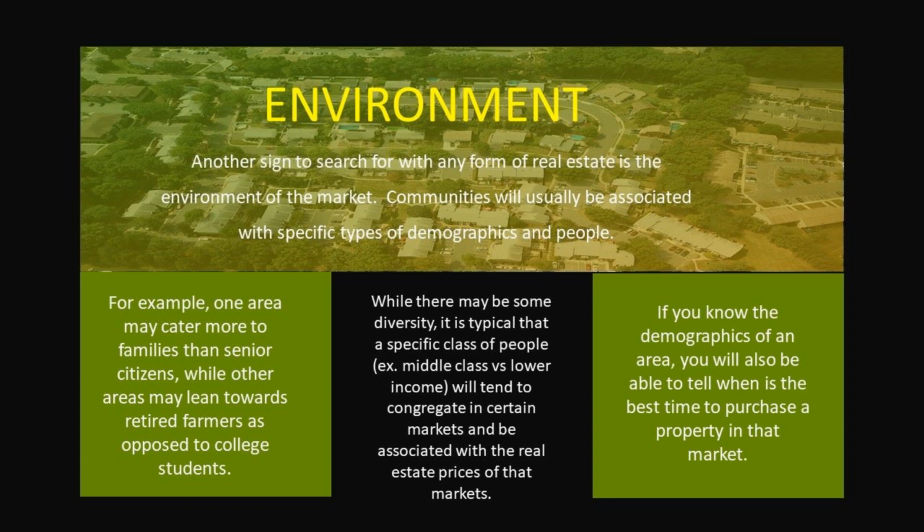While there may be some diversity, it is typical that a specific class of people, for example, middle class versus lower income, will tend to congregate in certain markets and be associated with the real estate prices of that market. If you know the demographics of an area, you will also be able to tell when is the best time to purchase a property in that market.